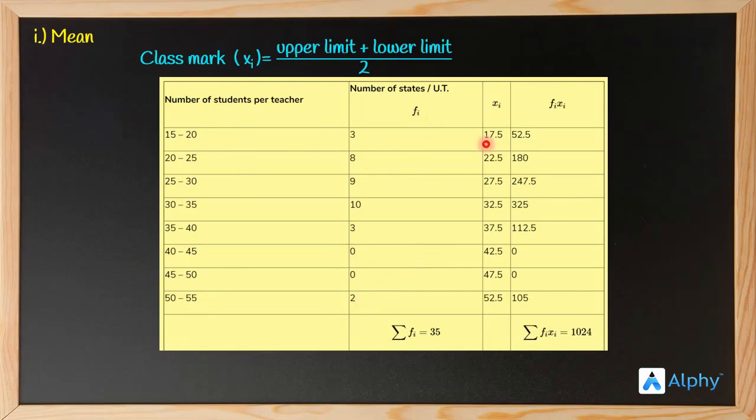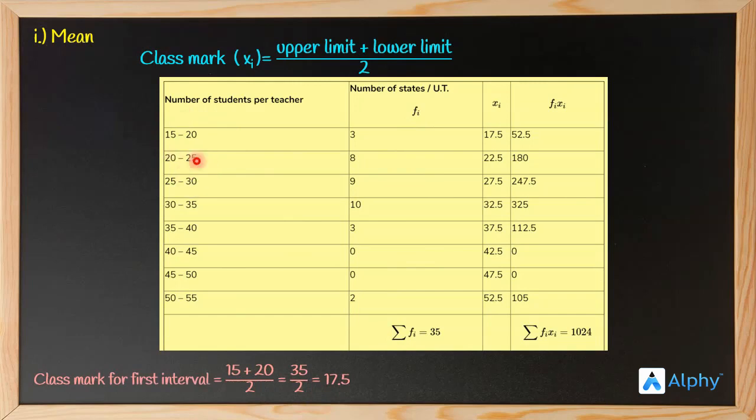For finding the class mark, that is xi, we add the upper limit and lower limit of the class intervals and divide by 2. The class mark for the first class interval would be (15 plus 20) by 2, which gives us 35 by 2, equals 17.5.